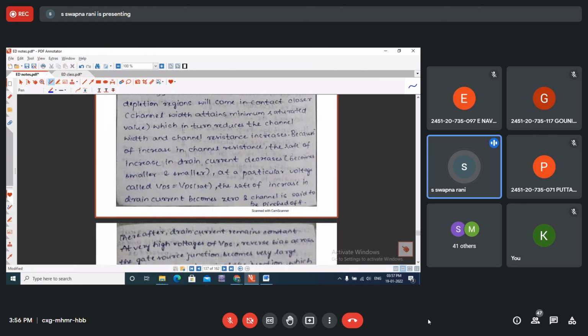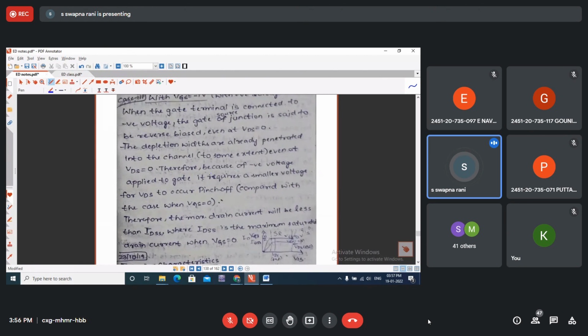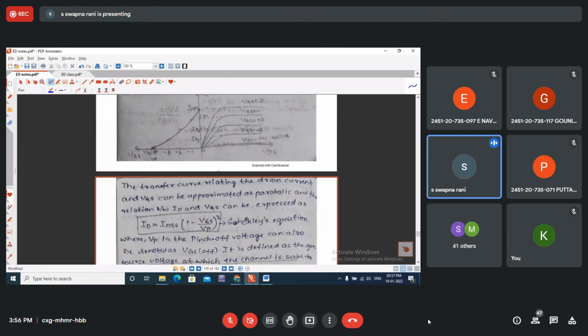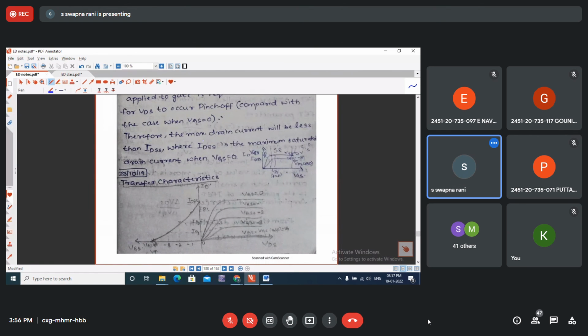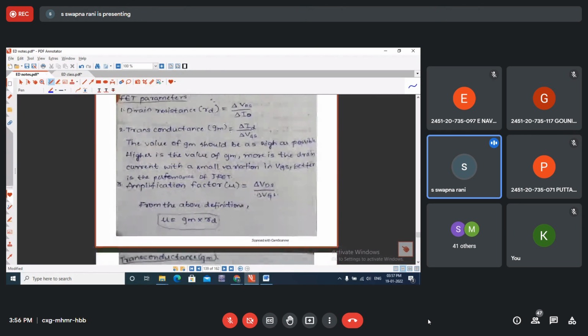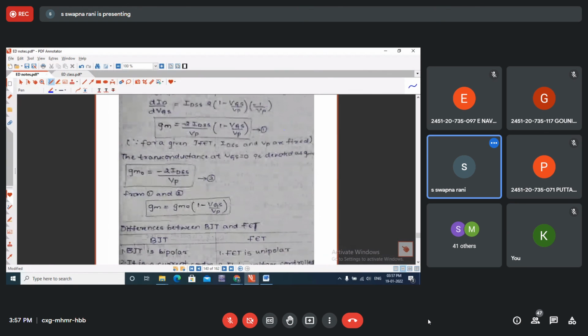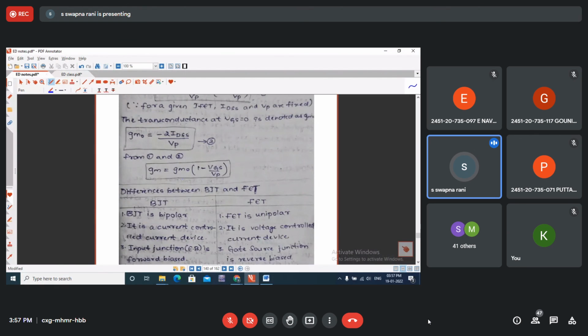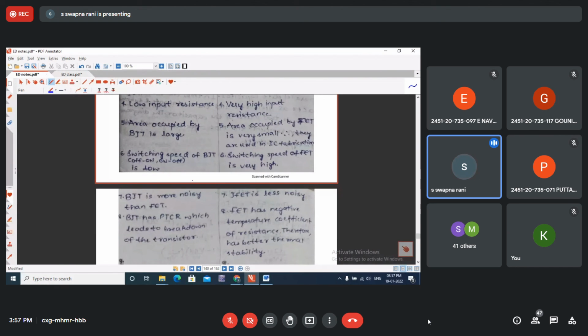So this is about the FET construction, the differences between BJT and FET, and the drain and transfer characteristics of FET. We discussed the FET parameters. We derived the different expressions for the transconductance GM, and finally we derived the low frequency small signal model of FET.